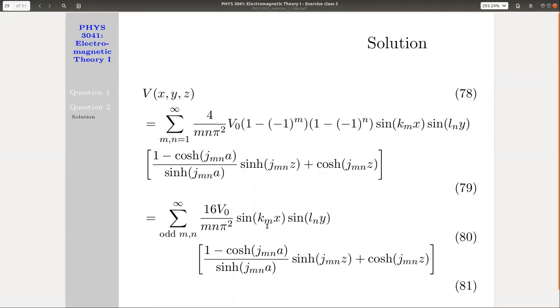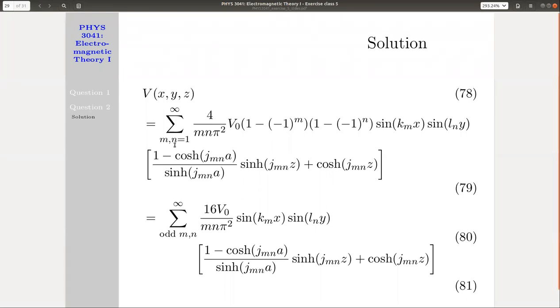If you are careful enough, you should recognize that the m and n have to be odd, because when m and n are even, the term here will be 1, then 1 minus 1 is 0. So only the odd terms here will suffice, so we can further polish the expression.